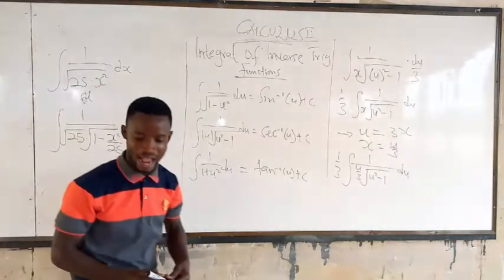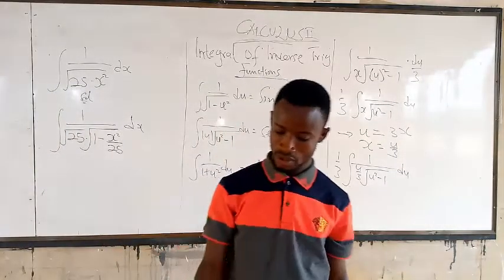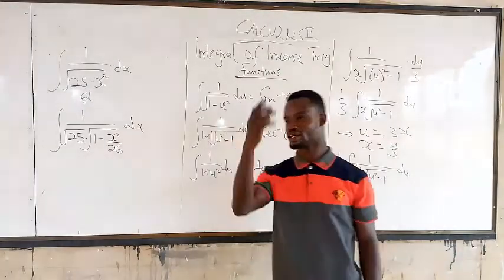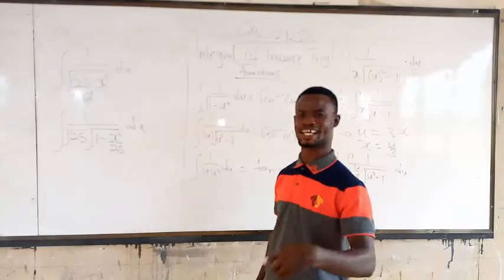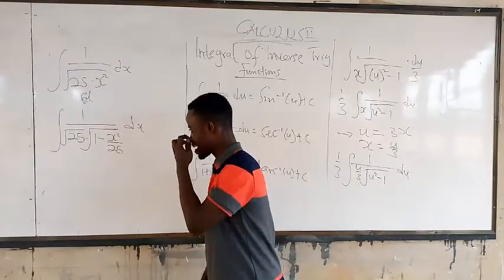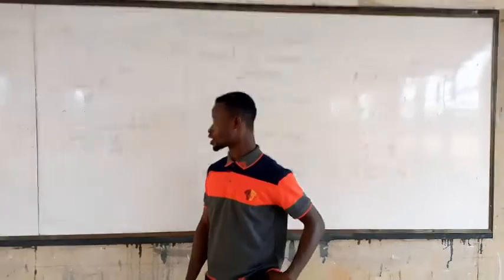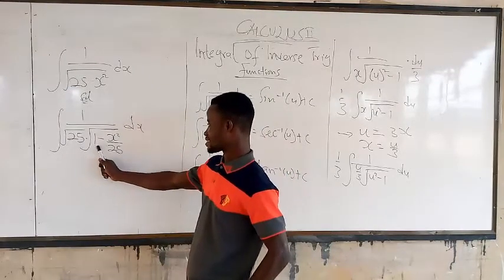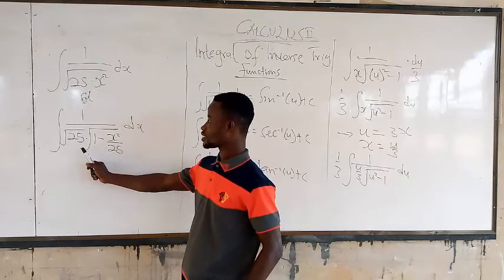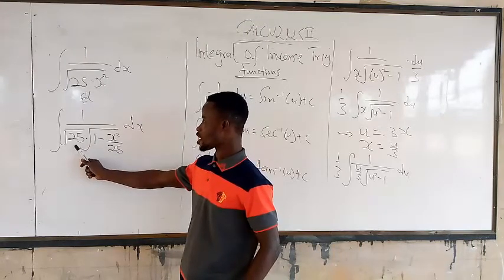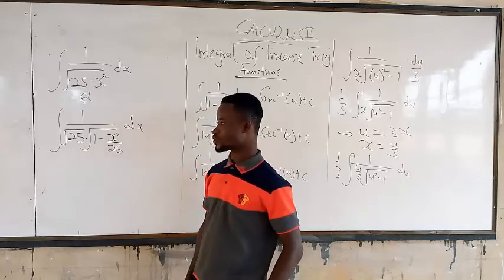Ooh, algebra! Yes, we can do that. I'm not asking you. I don't want you to say whether yes or no. Because when you multiply this by this, you get that. And when you multiply this by this, you also get that.